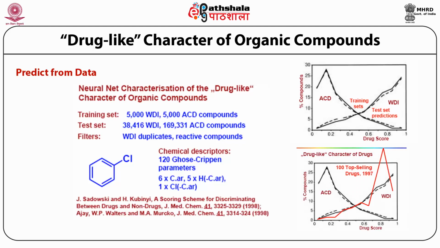When they chose 100 top-selling compounds, shown in the bottom picture in red, you can see that almost 10% to 20% of compounds lie at lower drug scores. However, the majority of compounds are at higher drug scores. So there is an opportunity for development.